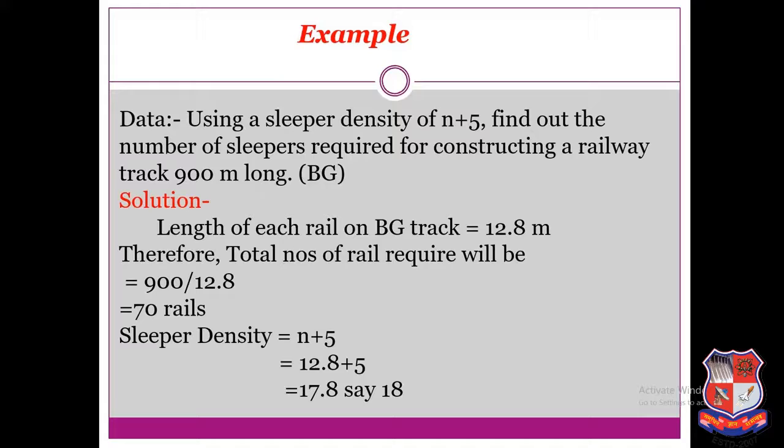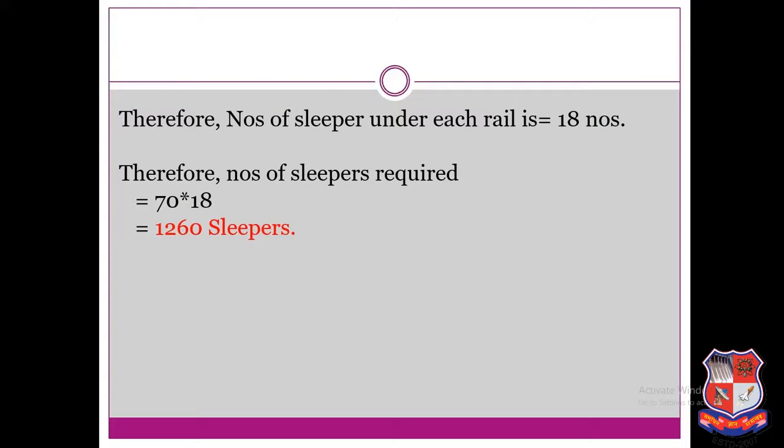Next, sleeper density is given as n plus 5. Here n is equal to 12.8, so sleeper density is 12.8 plus 5, which is 17.8, say 18. Therefore, the number of sleepers under each rail is 18.